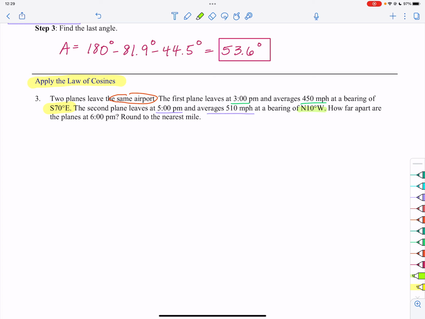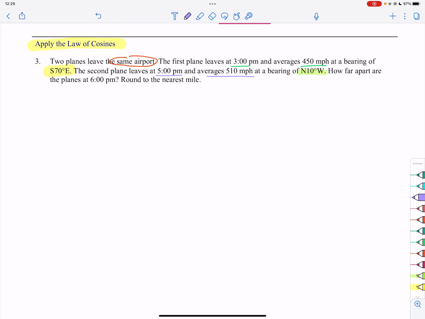Okay, so now let's write a few things down. I think we could make a quick graph and just show what this situation looks like. And we could call the first plane plane A, and we could show that we have south 70 degrees east.